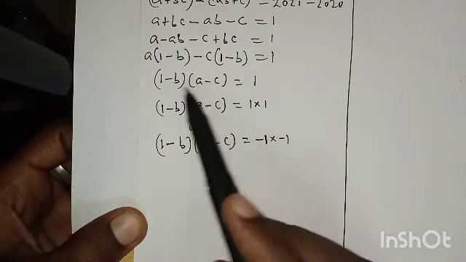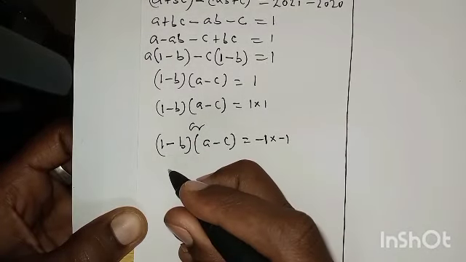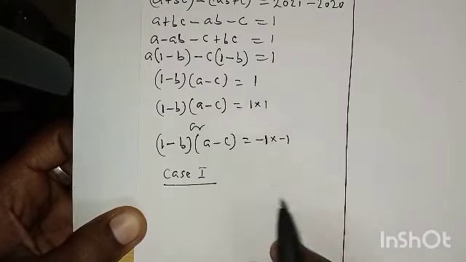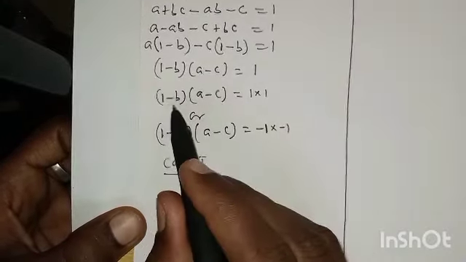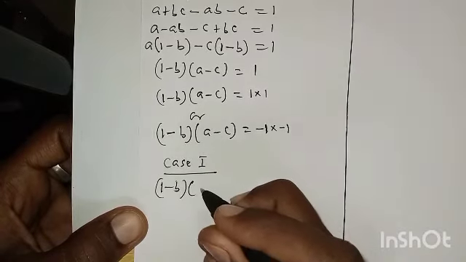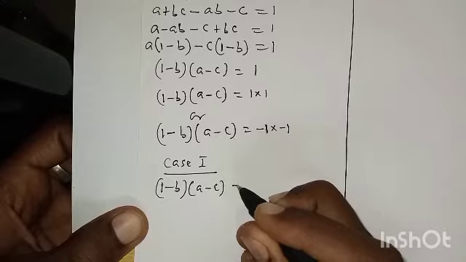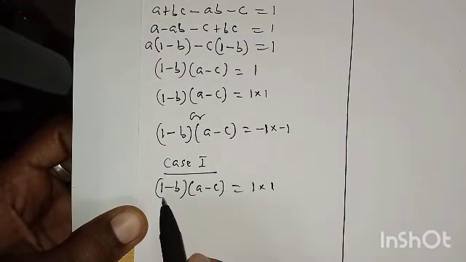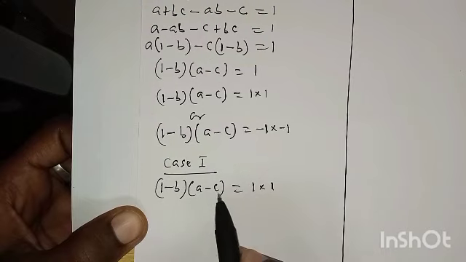Let us take the first case. Case 1: we said that 1 minus B into A minus C is the same thing as 1 times 1. So that means 1 minus B is equals to 1 and A minus C is also equals to 1.